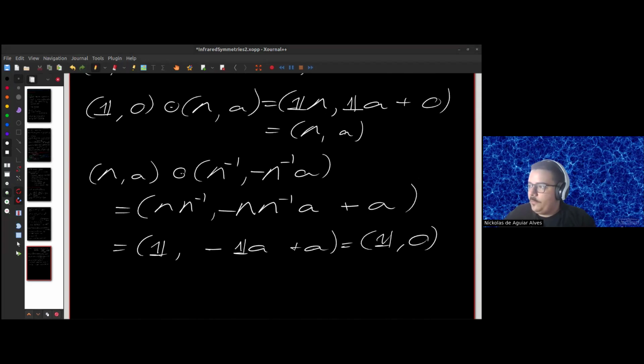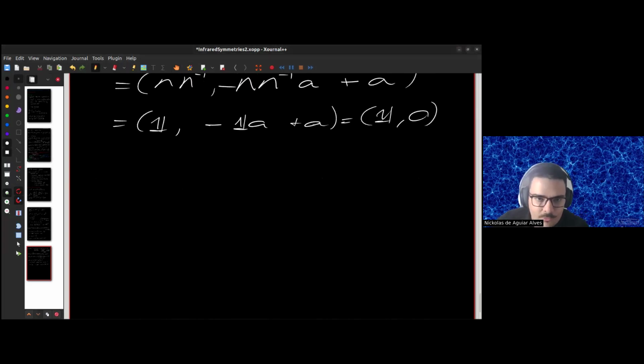What is interesting now for us to see is that there are two particularly important subgroups of the Poincare group. The first of them is the following. We're going to consider the group formed by (lambda, 0), where lambda is a Lorentz matrix.